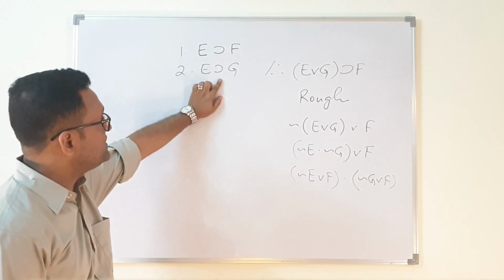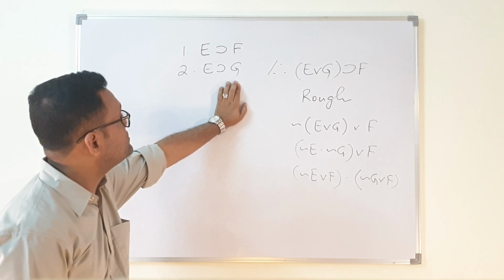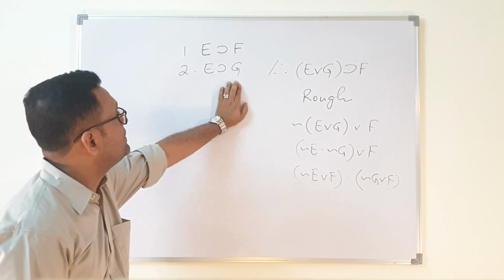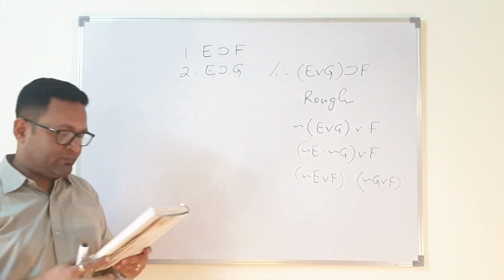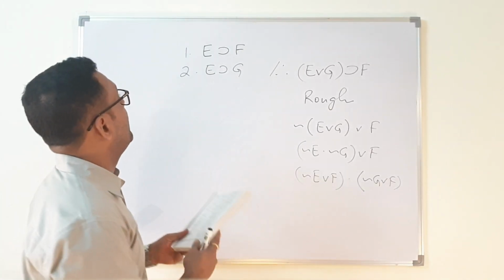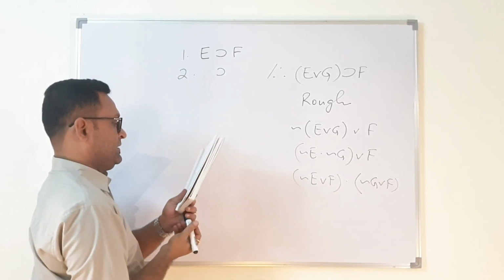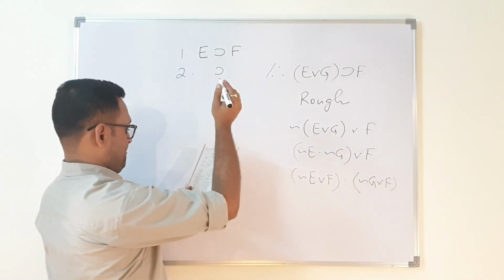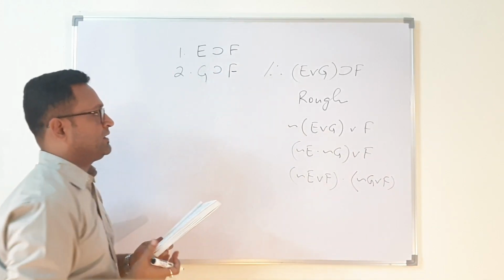There is something with the question. Let me see. It is G implies F. Okay. Now it's fine.